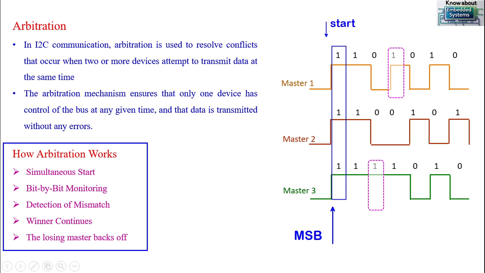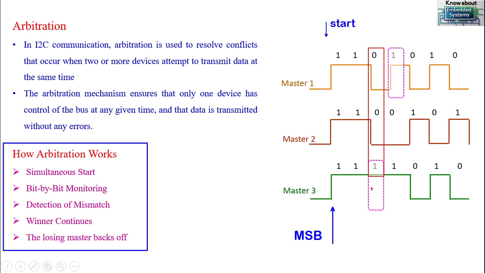Here you can see all three masters are compared: 1, 1, 1. All are the same, there is no difference, right? In the next bit you see, also 1, 1, 1. There is no difference. But when you compare the next bits, here you can see 0, 0, and 1.